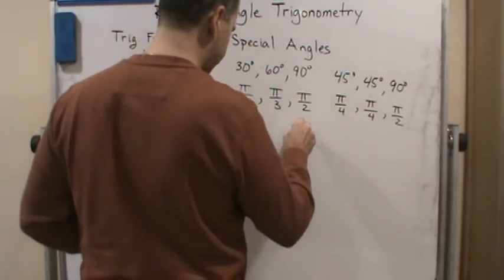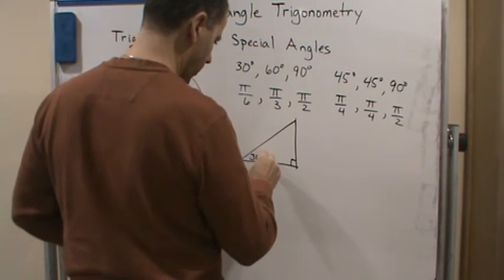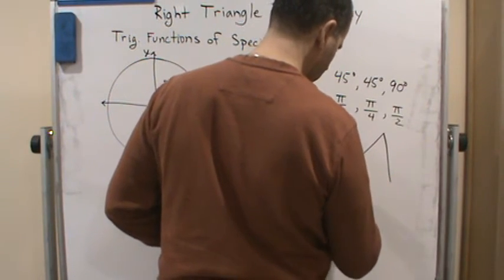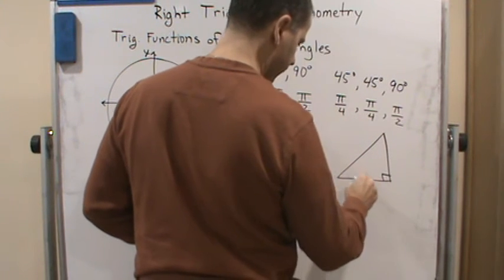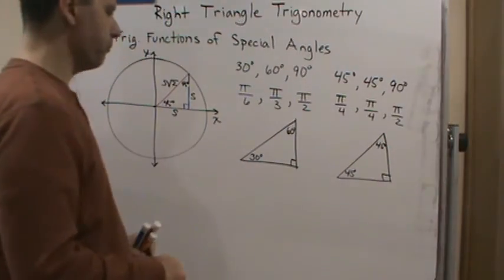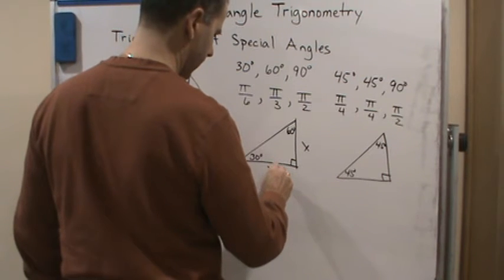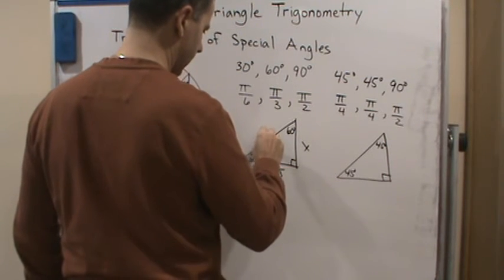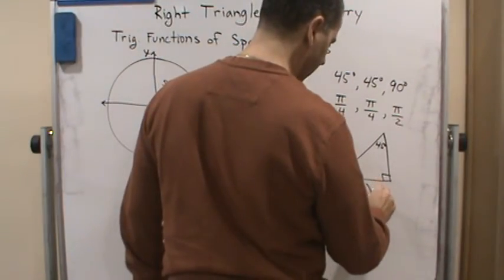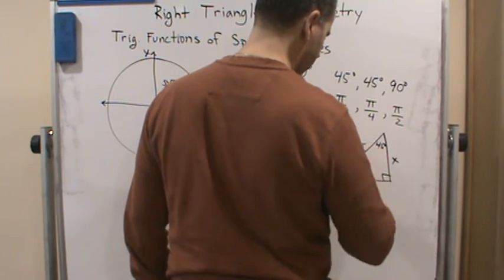If I have a 30, 60, 90 here, and a 45, 45, 90 here, we know that this is going to be x, x times the square root of 3, and 2x, whatever x is. And in general here, we're going to have x, x, and x times the square root of 2.